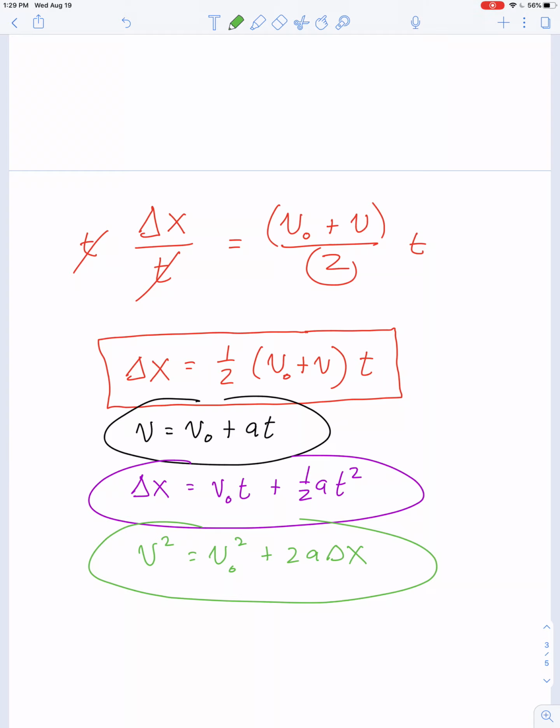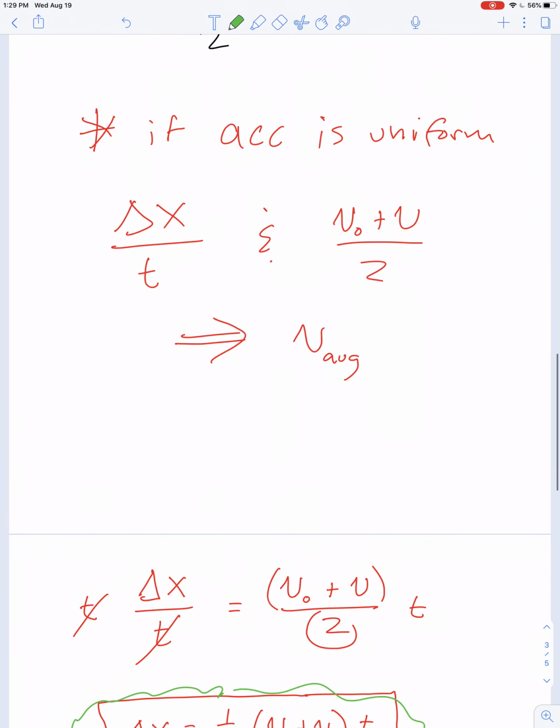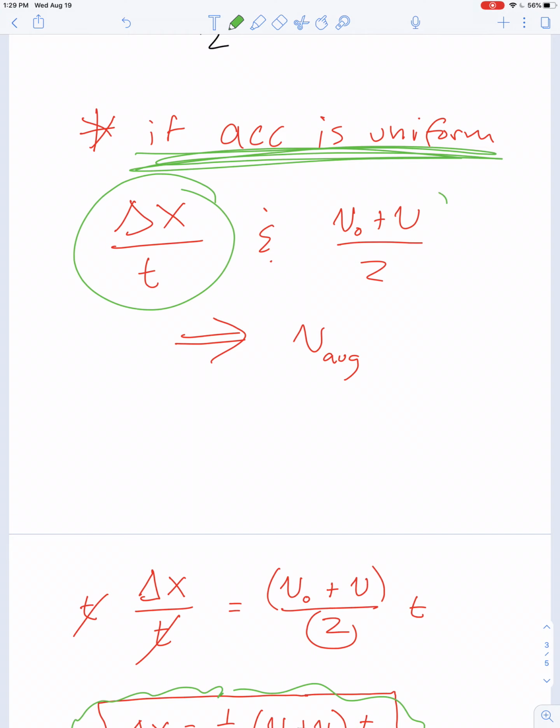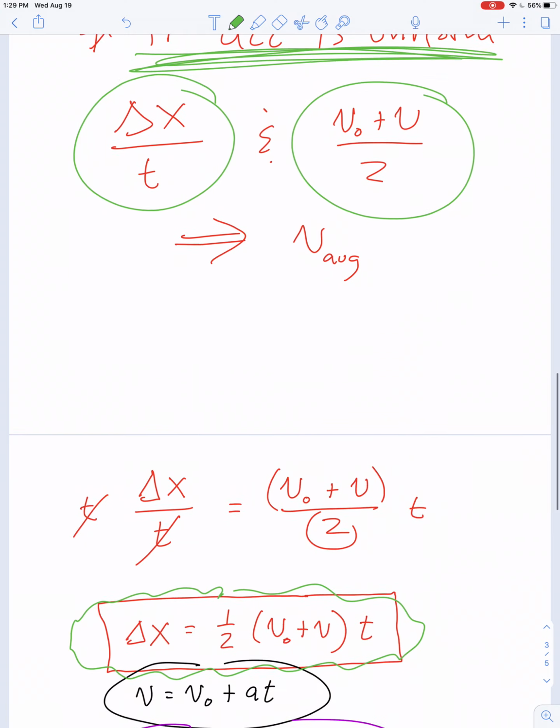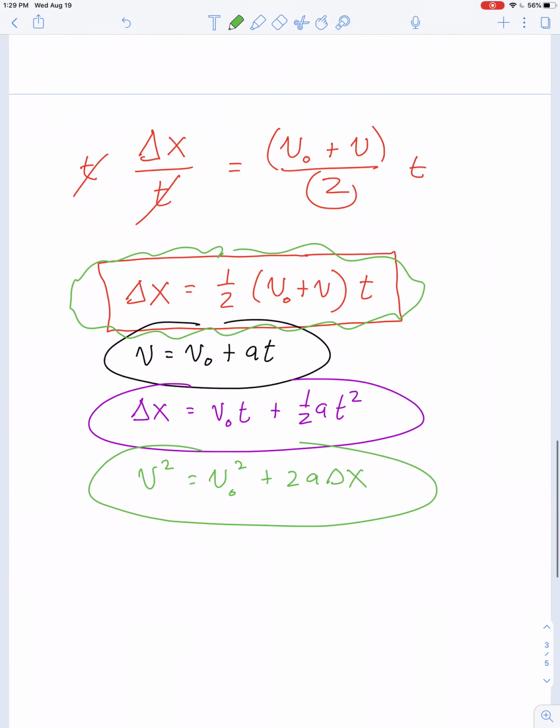Now, you're no longer allowed to ask me where this equation comes from. It comes from the fact that as long as acceleration is uniform, I can say the 2 methods for calculating average velocity are the same. So I need to make something very clear at this point, and this is a big red alert. These 4 equations are not universally true.